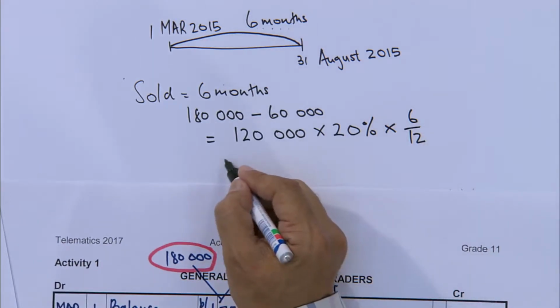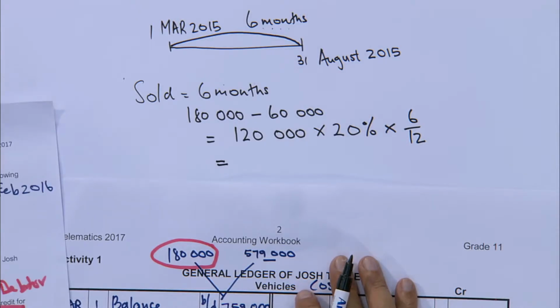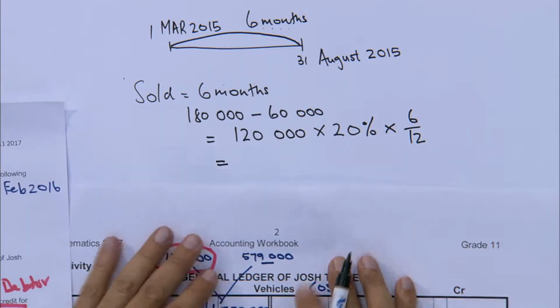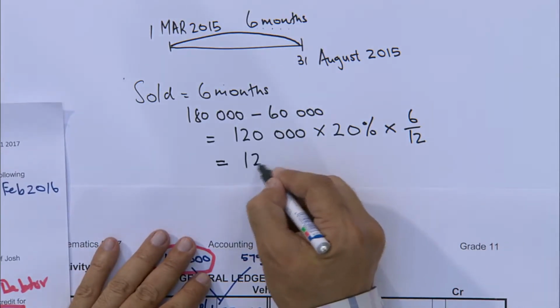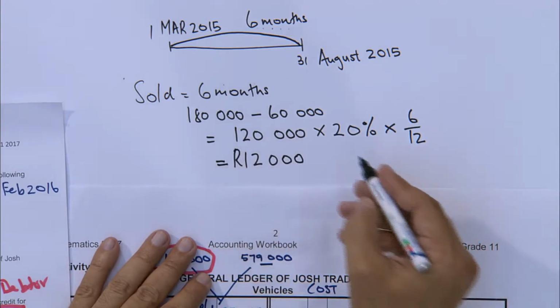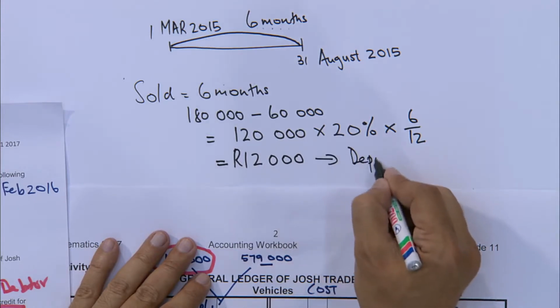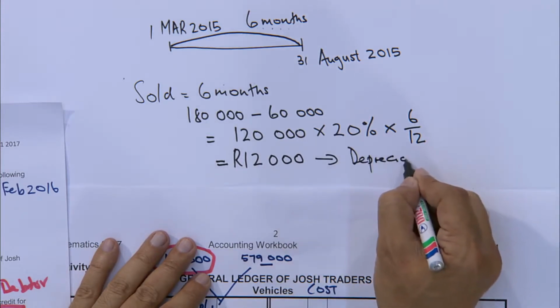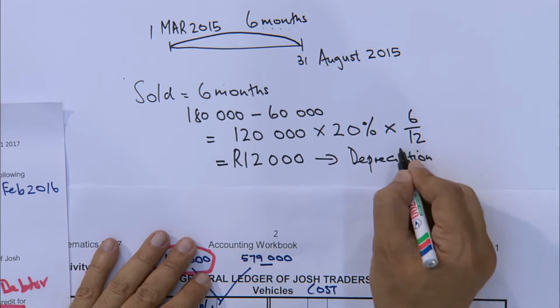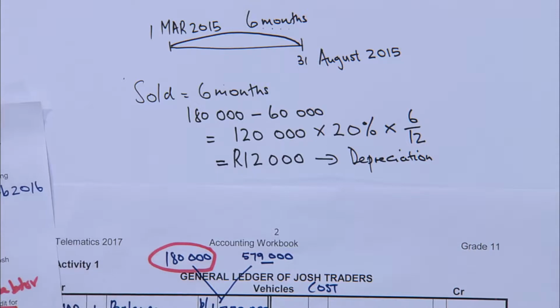So that gives me an answer of 12,000. So the 12,000 is the depreciation for the 6 months. Okay, so that will be your calculation.